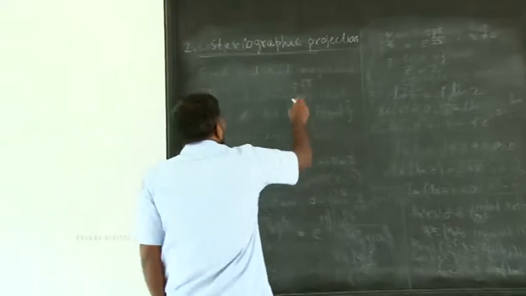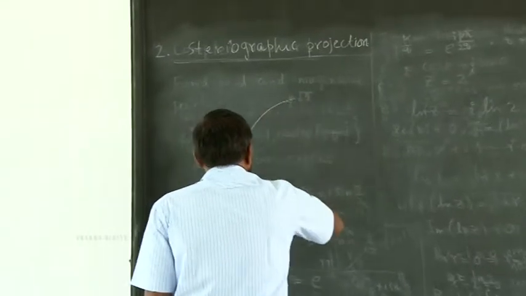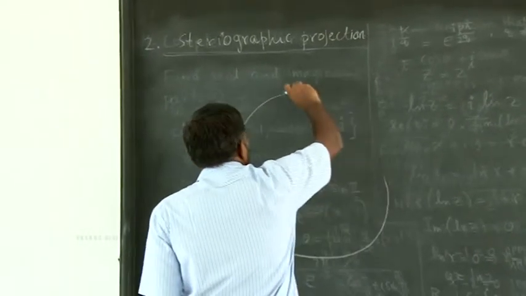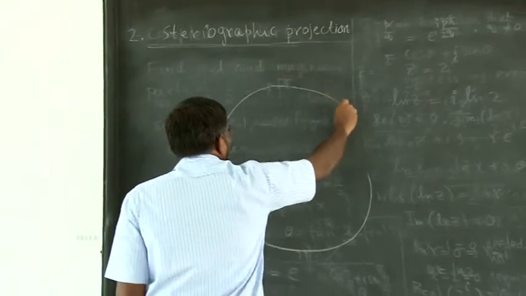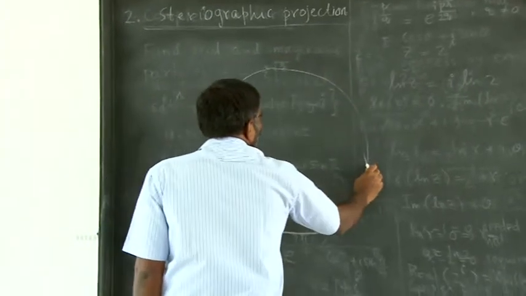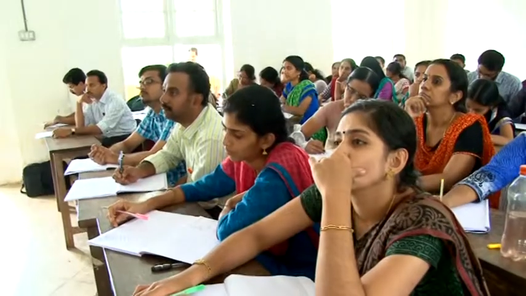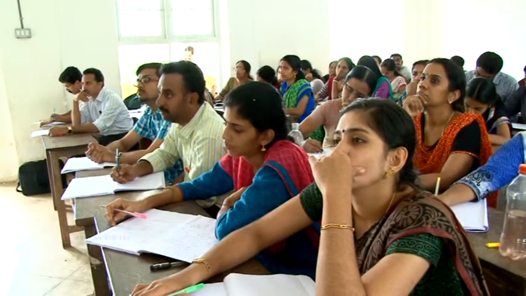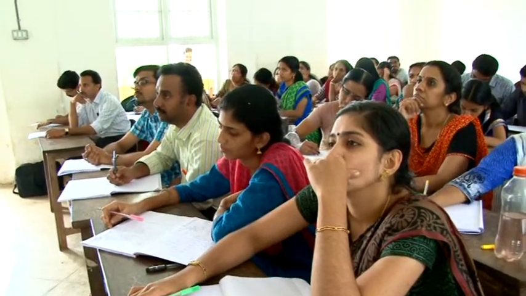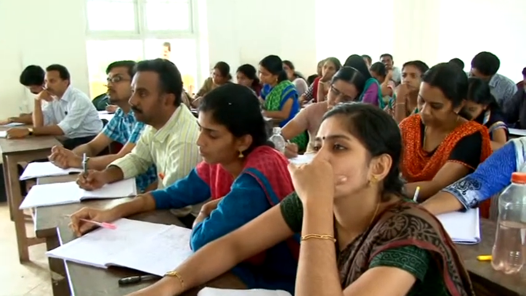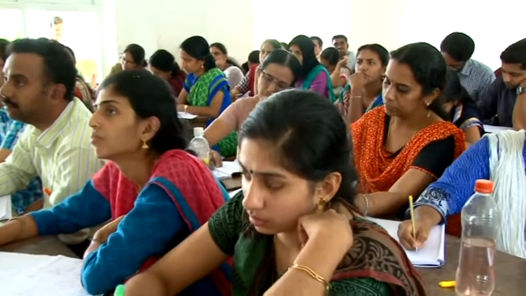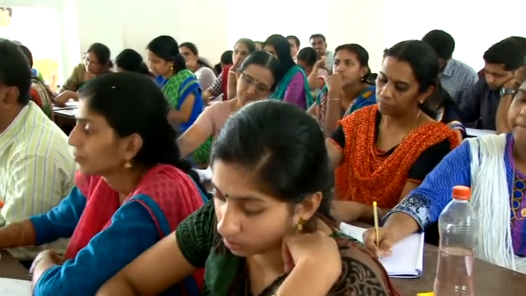You know, if you consider a sphere, and let's say this is your equatorial plane, and consider the complex plane is coinciding with this equatorial plane.